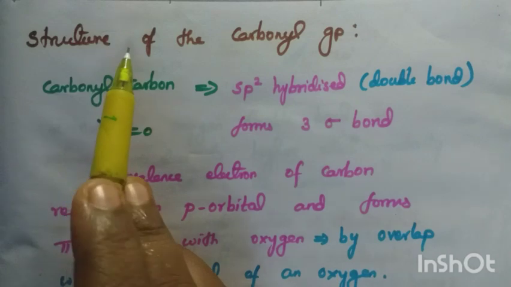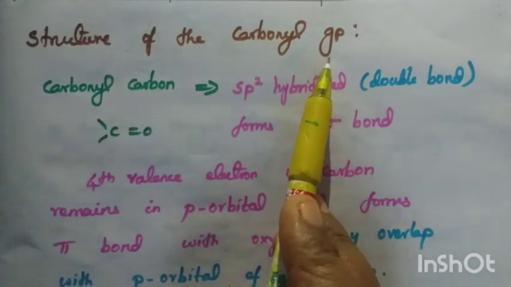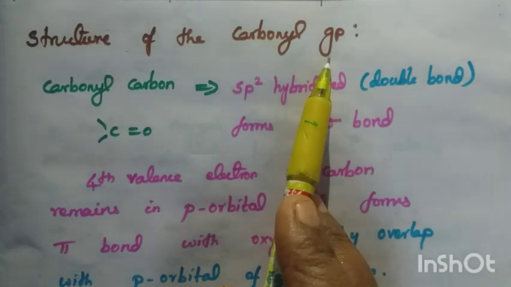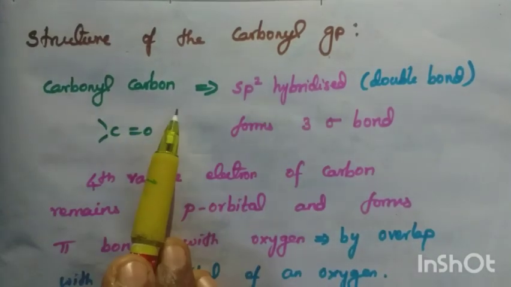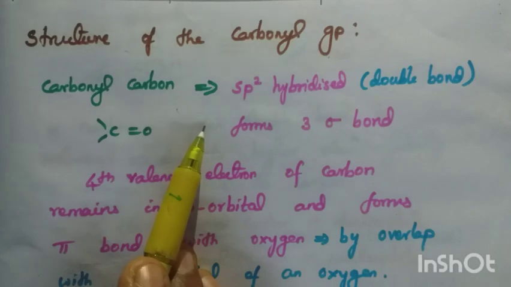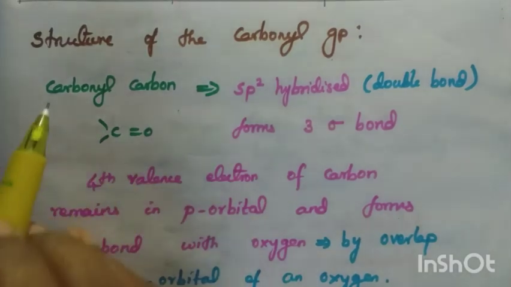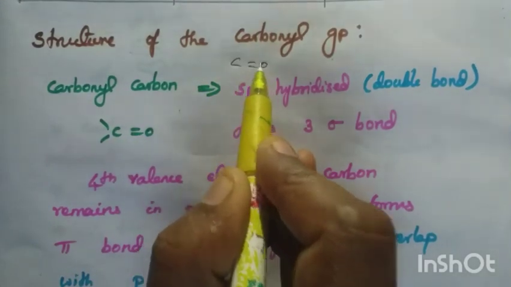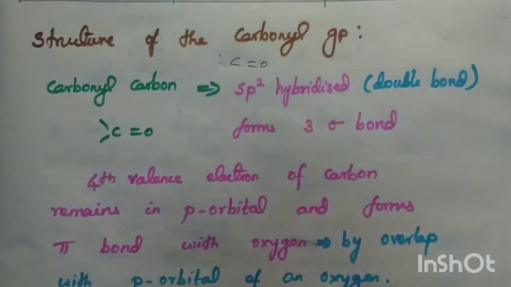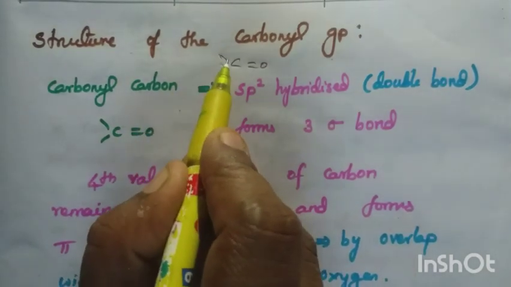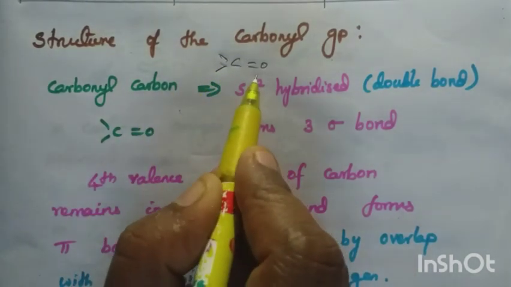Now, the structure of the carbonyl group. The carbonyl group means a compound containing which group? That is the C double bond O bond. C double bond O is called carbonyl.